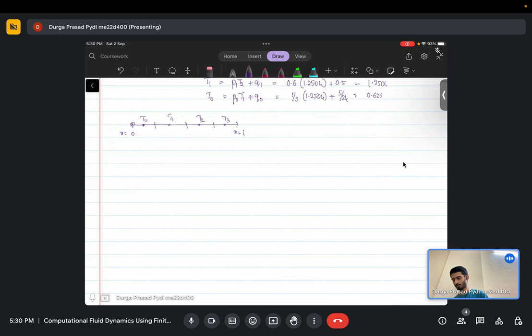On the west boundary, your flux is given by minus k dT/dx, where k is essentially 1, and on the west boundary we have approximated it as T_west boundary by delta x over 2.